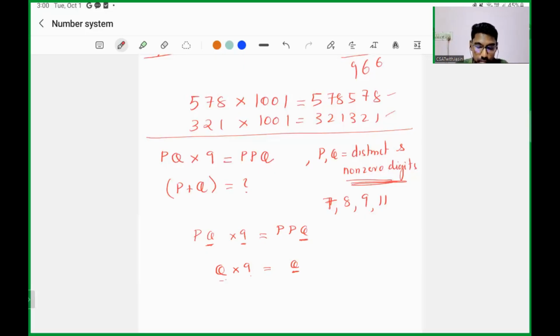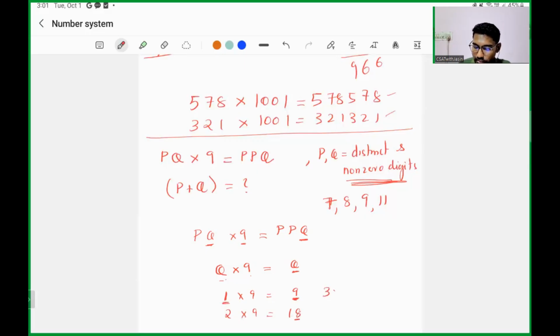Otherwise 0 could have come, because 0 into 9 is 0 itself, ending in 0. So 0 can come, but the question said that it is non-zero, so you cannot use 0. Now if Q is 1, 1 into 9 will come 9, not 1. Here you need to get Q itself. If you are putting Q equal to 2, 2 into 9 is 18, ending in 8, not 2.